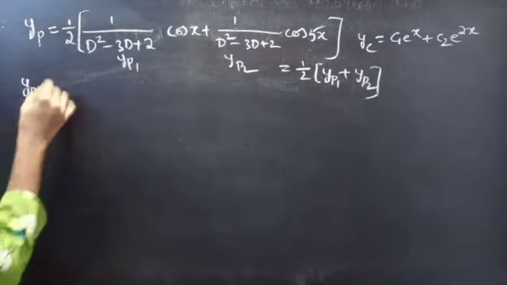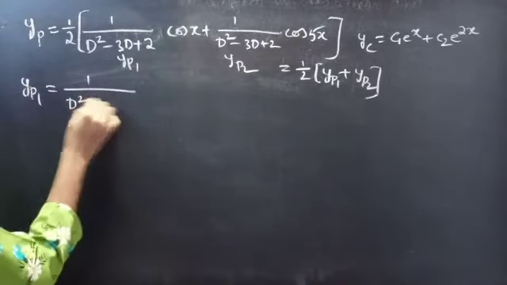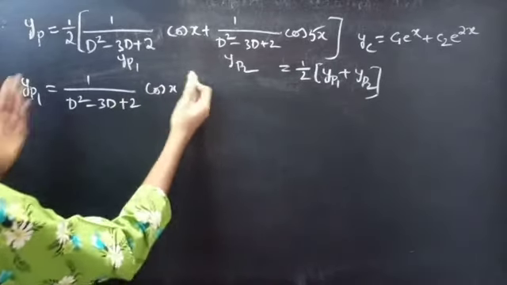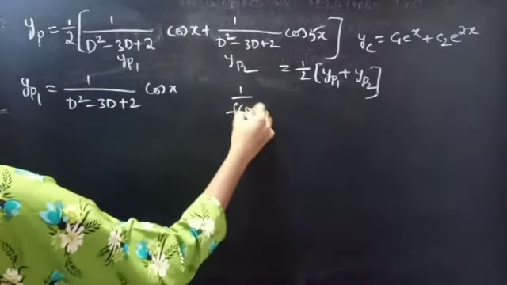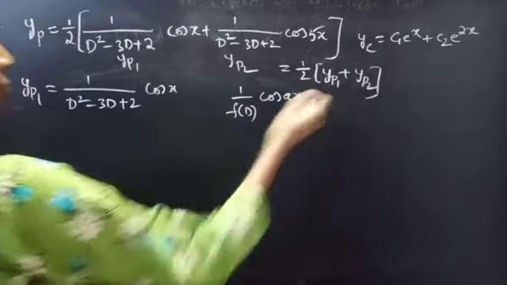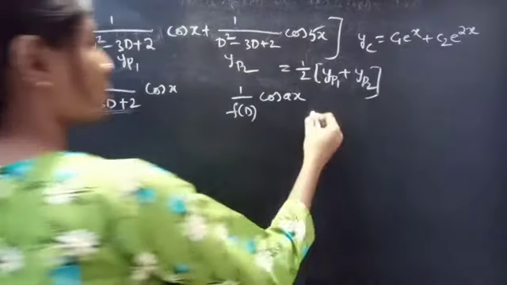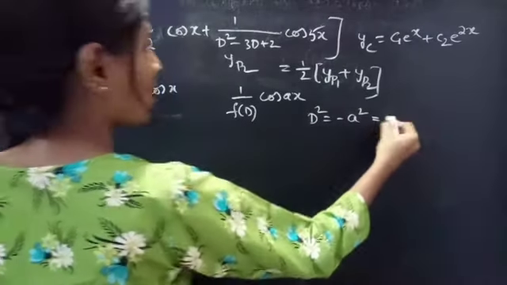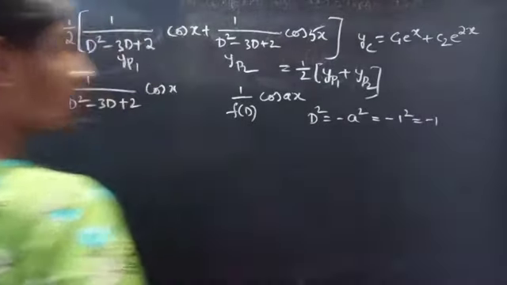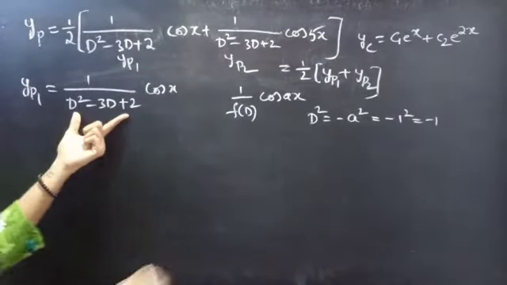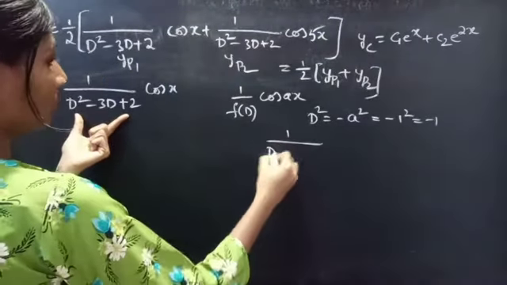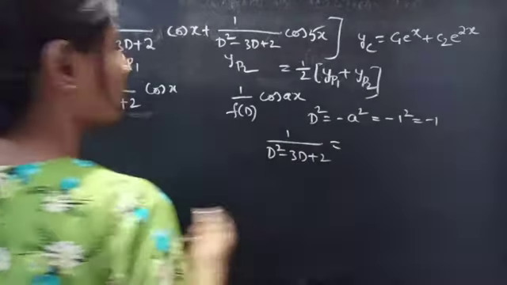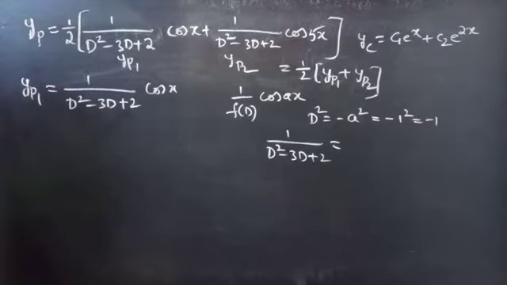Firstly, yp1, which equals 1 by D square minus 3D plus 2 into cos x, which is in 1 by f of D into cos ax form, right? Now let's find D square, which is given by minus a square. For a equals 1, you'll get minus 1 square, which equals minus 1. Now consider 1 by f of D. Replace D square by minus 1 and see whether the denominator equals 0 or not.